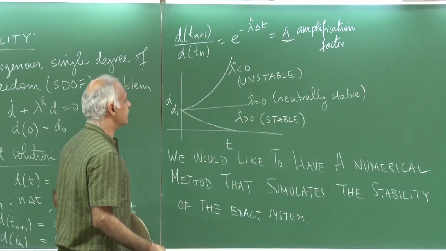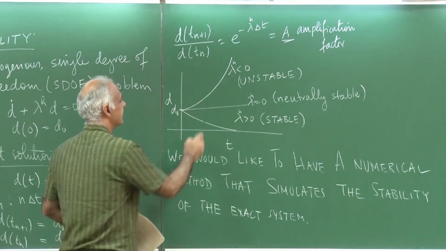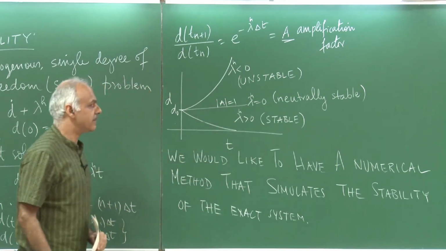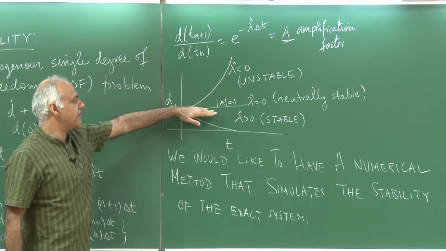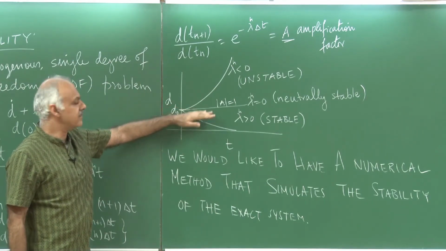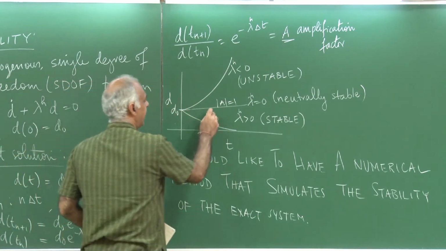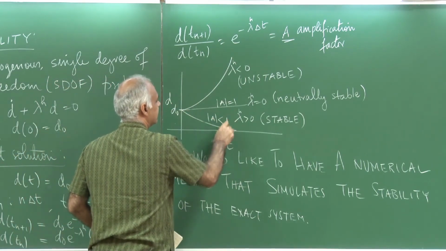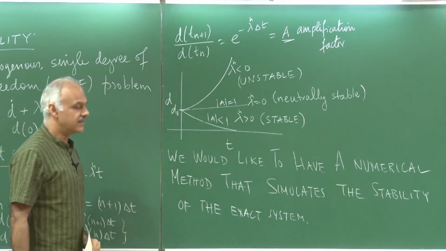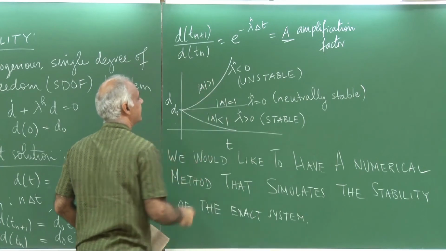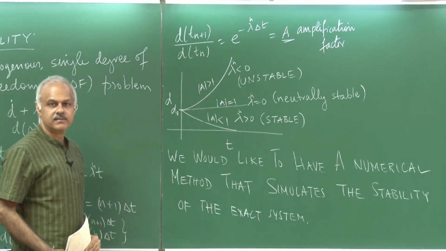It is easy to see that this would be 1. If I have a neutrally stable method, then I get an amplification factor of 1. On the other hand, if I am stable, then my amplification factor is strictly less than 1, and if I am unstable, then my amplification factor is actually greater than 1.